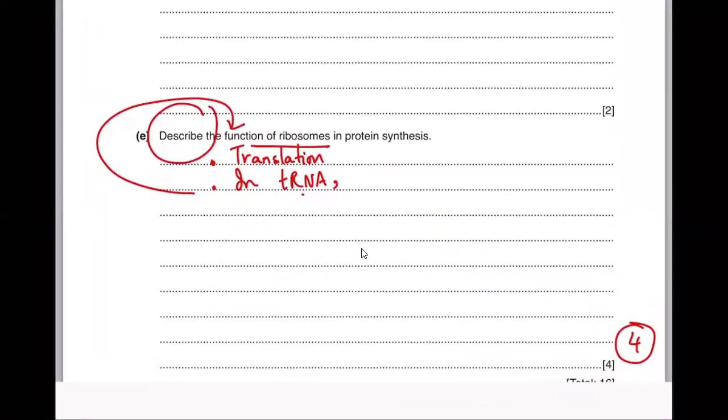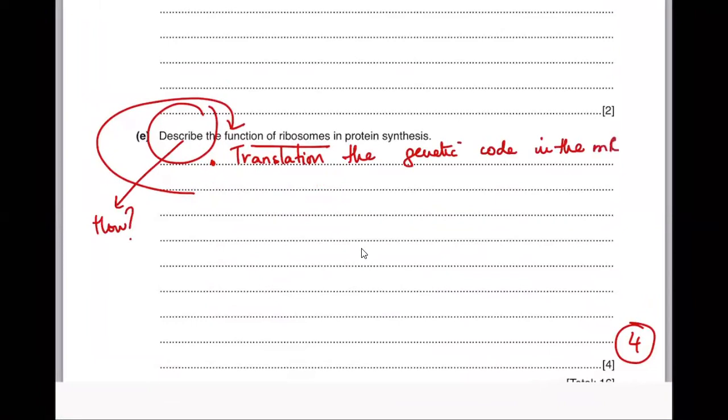Ribosome helps with translating the genetic code transcribed in the mRNA and turns it into an amino acid sequence. But how? They're asking you how. Describe means how. Energy from respiration.